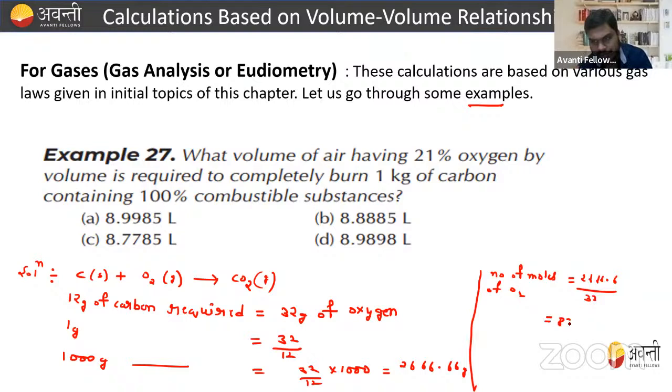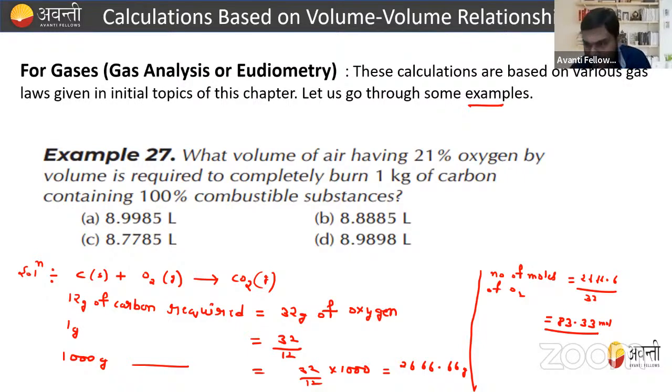This comes out to be 83.33 mole. So this many moles of oxygen are actually required for 1000 gram of carbon. Till here there is no doubt: when carbon reacts with O2, 12 gram of carbon reacts with 32 gram of oxygen. So 1 gram requires this much, 1000 gram requires this much. We can convert this gram into mole, so they require 83.33 mole of O2.